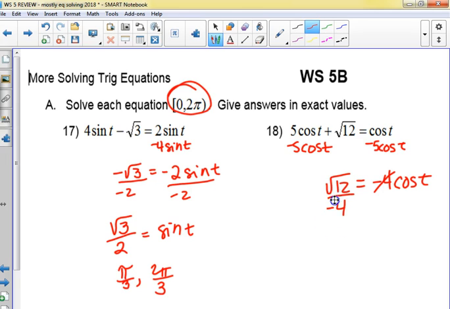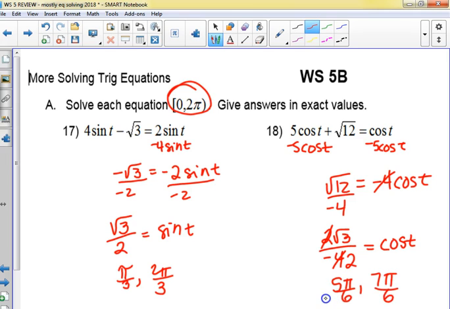Because this should have reduced to 2 square roots of 3. So that was a really disgusting disguise for negative square root of 3 over 2, right? Okay, and cosine is negative square root of 3 over 2 at, and, okay, good.